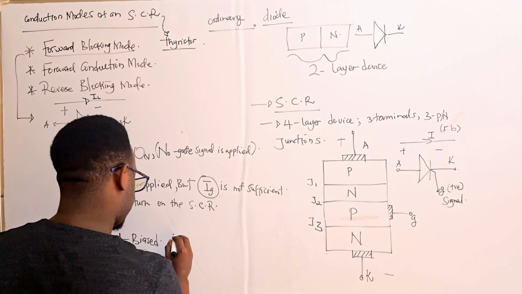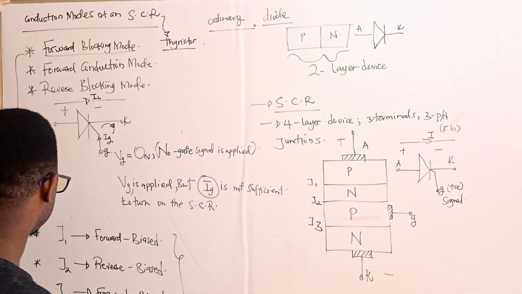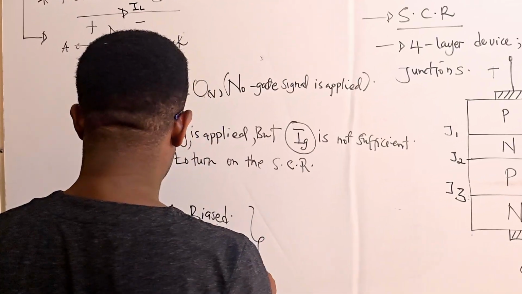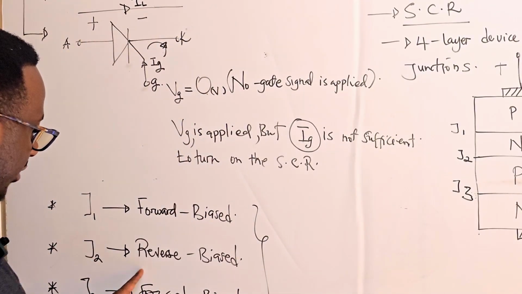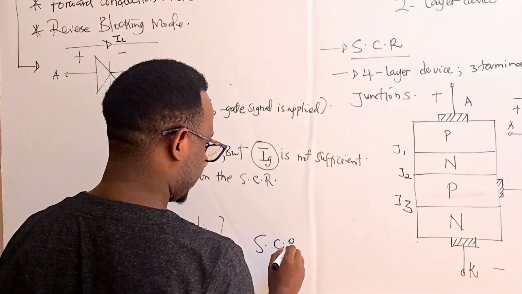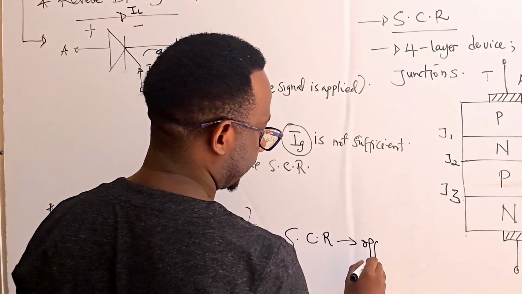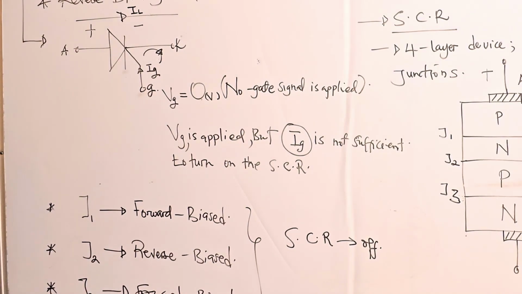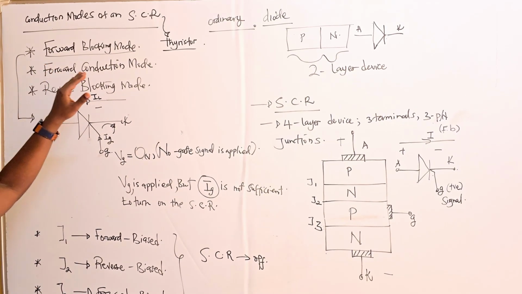So what will happen to the whole SCR? Since not all of them are forward biased, one of them is reverse biased, the SCR will be off. It will not allow the load current to flow. That is the forward blocking mode.